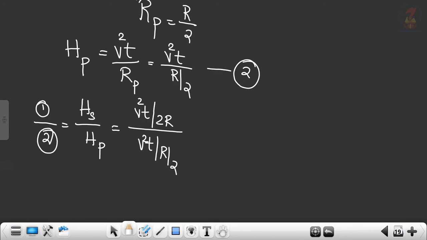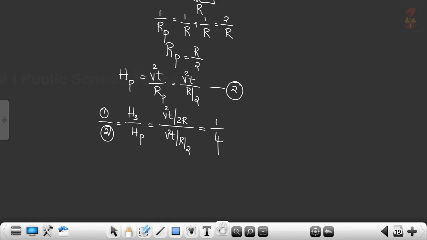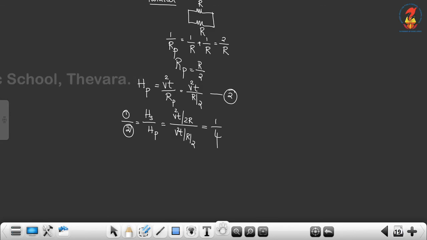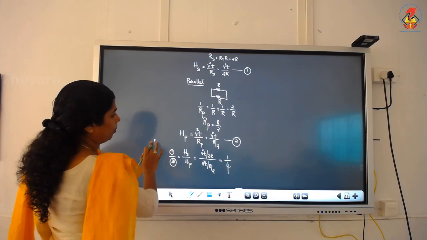When you do the calculation, V square T and V square T will get cancelled, R and R also will get cancelled. So, you will get the value 1 by 4. The ratio will be equal to 1 by 4.